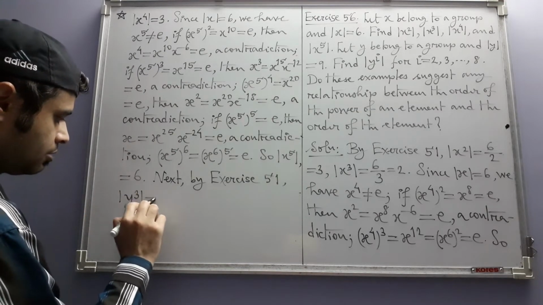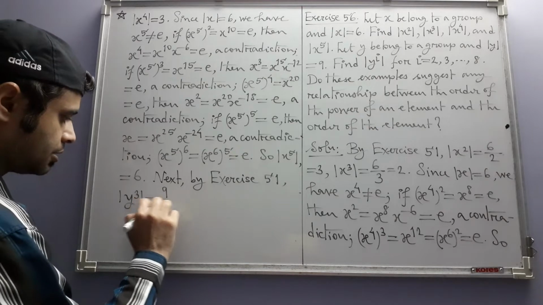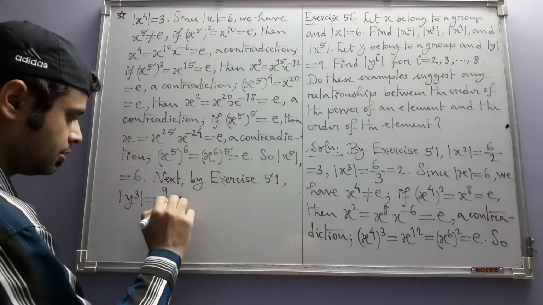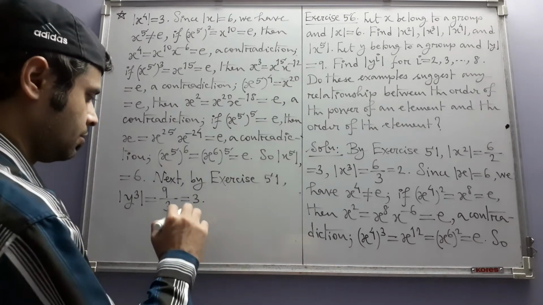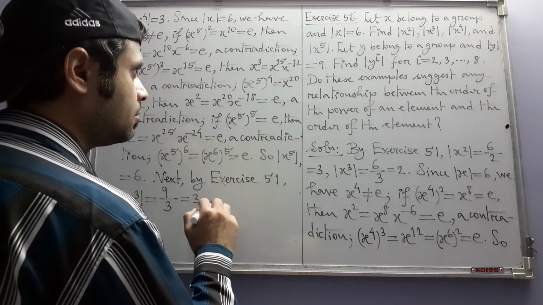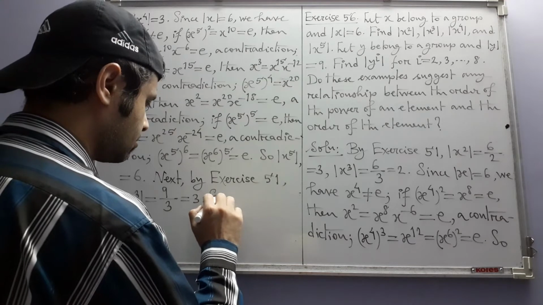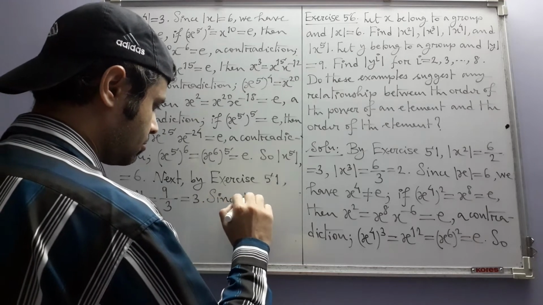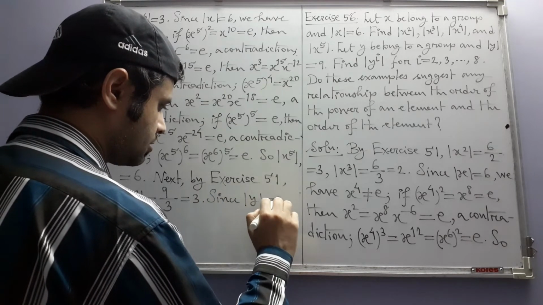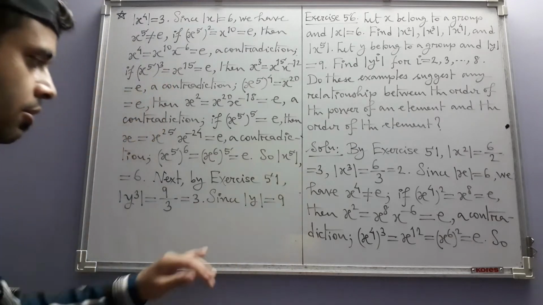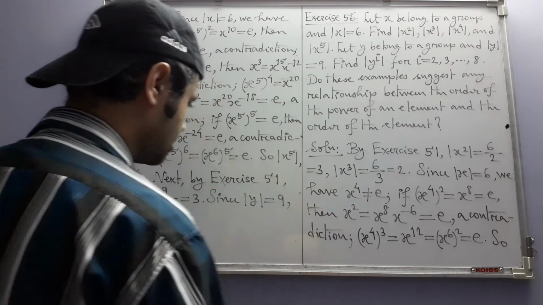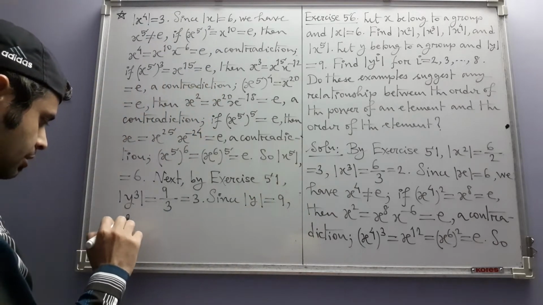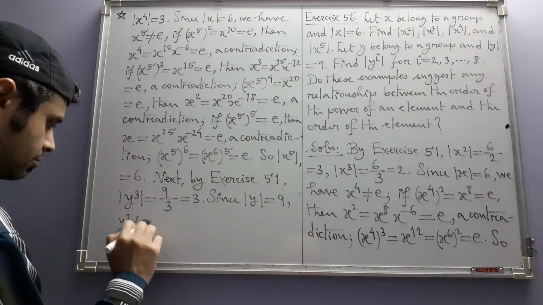The order of y cubed is the order of y, which is 9, divided by 3. So this is equal to 3. Now we are going to find the order of y squared. The order of y is equal to 9. So y squared itself is not equal to the identity.